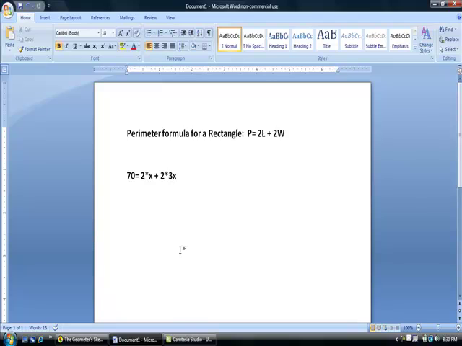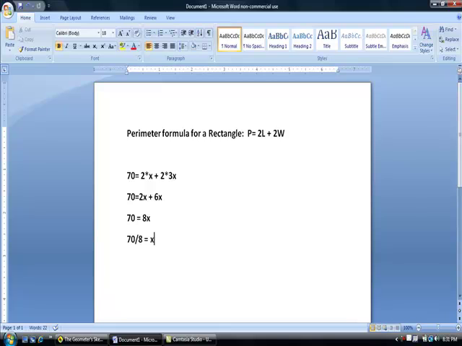So we just got to do a little bit of algebra and simplify that stuff. So we got 70 equals 2x plus 6x. So 70 equals 8x. And then what we need to do is divide both sides by 8, and that'll give us our x.